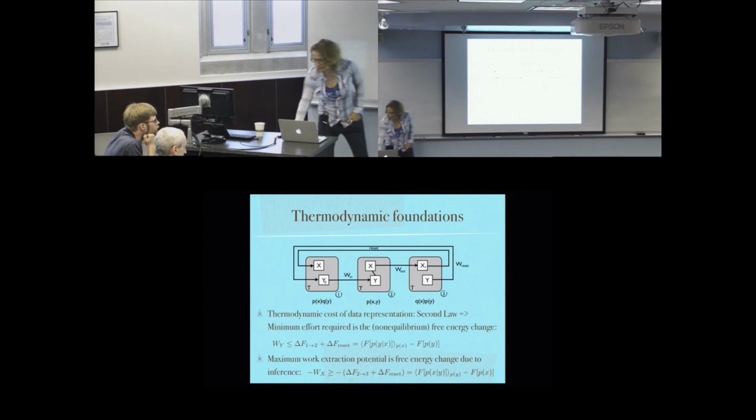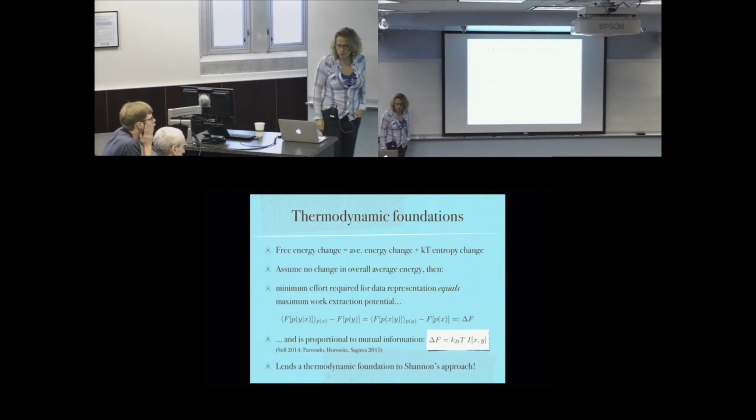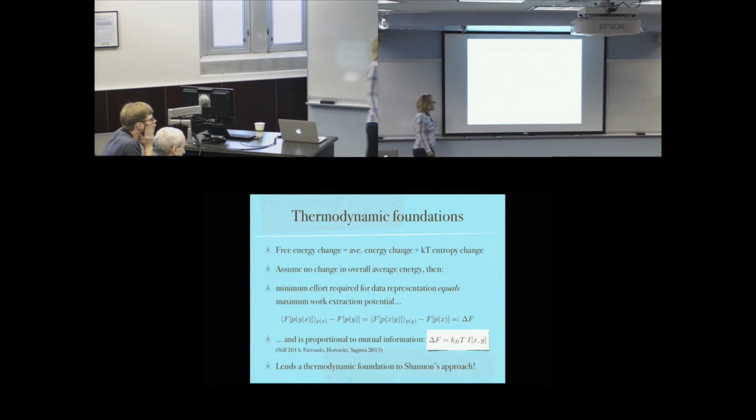And so you see basically immediately that if you assume that the average energy does not change, then you get this relation. So actually then the least effort you have to put in to run your memory equals the maximum work potential you could get out of your work medium.